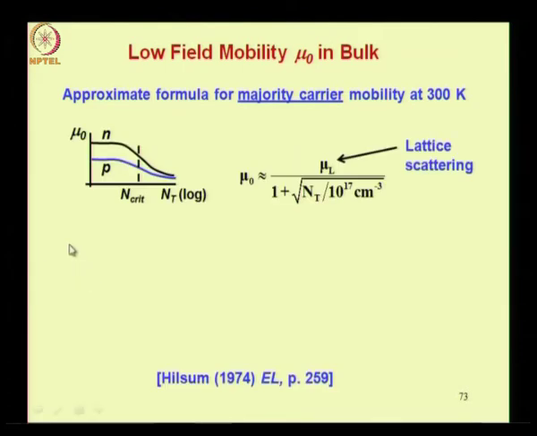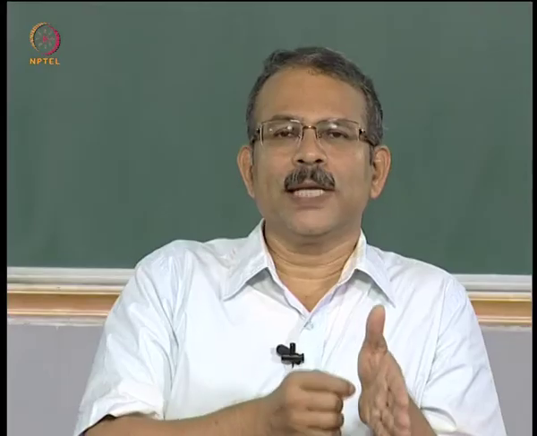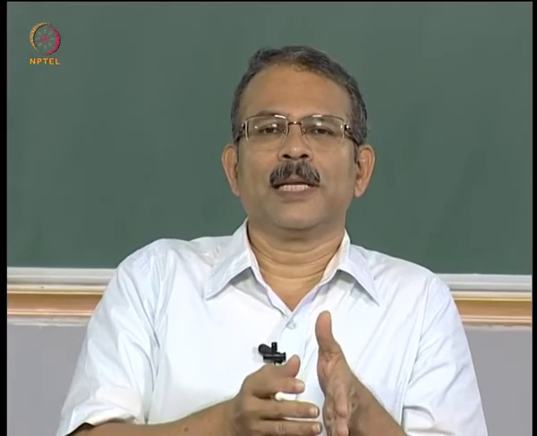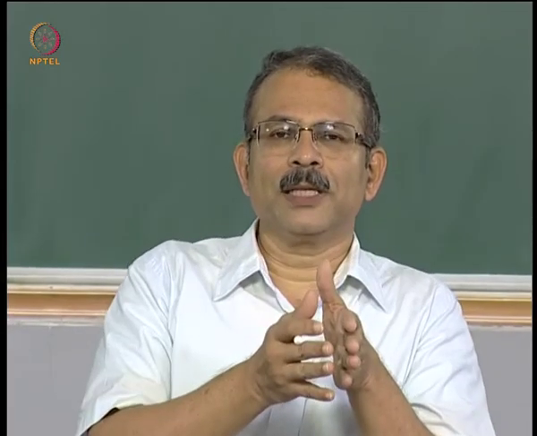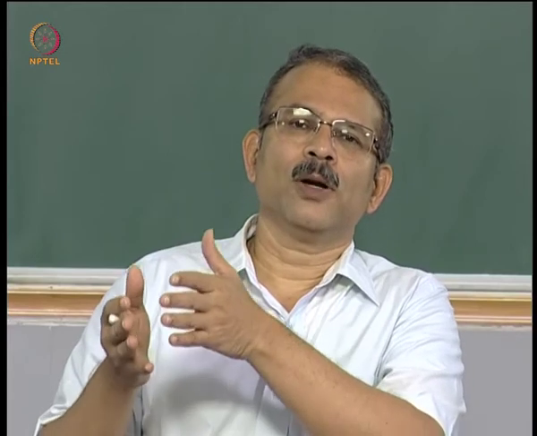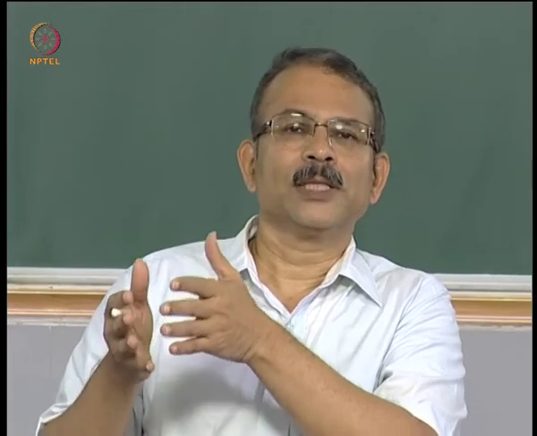Now let us look at the behavior of mobility as a function of temperature according to the formulae. If you plot mobility as a function of doping, where the doping is sketched on a log scale, because you know the doping level varies from 10 power 14 per centimeter cube, I am talking about the approximate range, to as high as maybe 10 power 19 or 20 per centimeter cube.